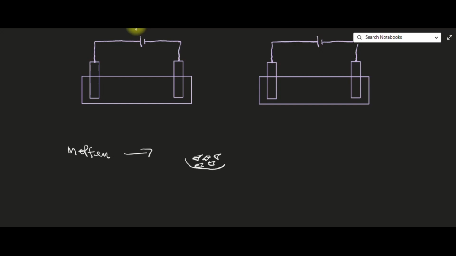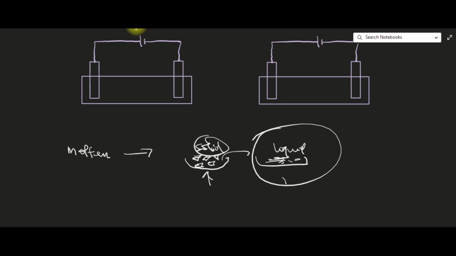And then if the salt is heated strongly in the laboratory, the salt will become liquid. So this is our solid salt, and this is our liquid salt. This liquid salt is formed when the solid salt is melted. So this is going to be our molten salt. The liquid one is our molten salt.